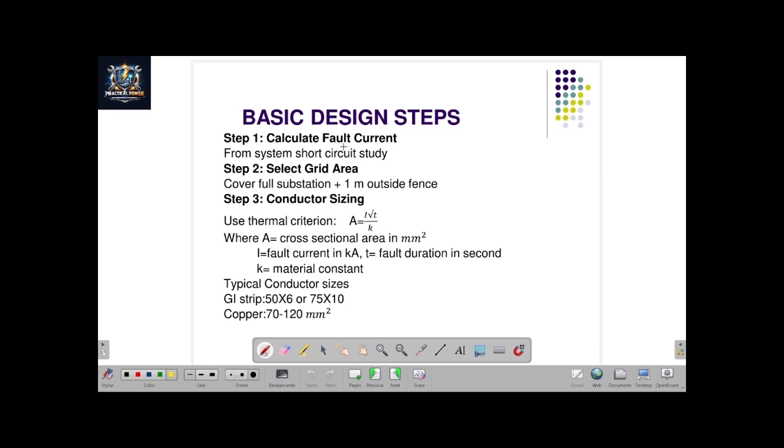Similarly, these things will be worked out in higher classes. These are the preliminary basics. When I give the training in depth, then we will calculate everything.